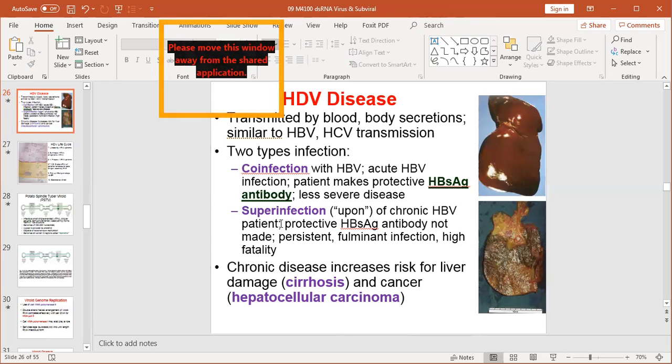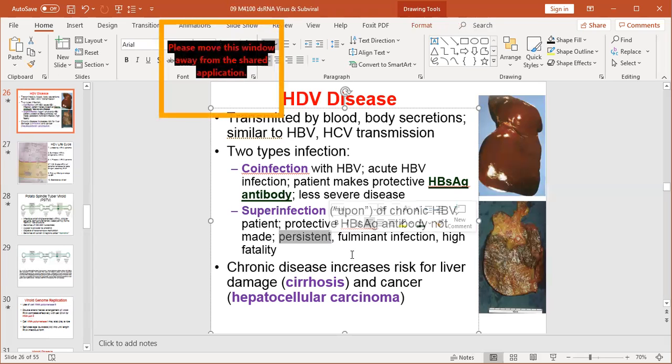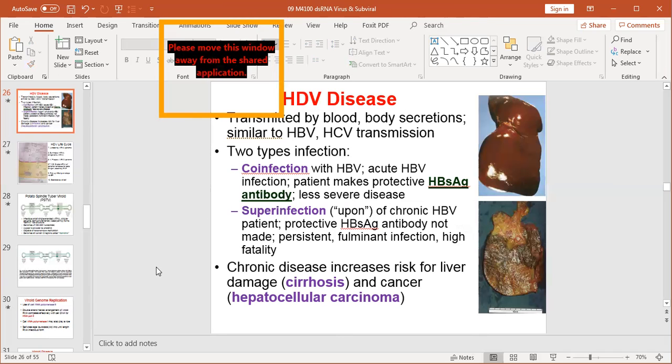What will happen is the patient has HBV, and HDV will come in and be added on top of it. Unfortunately, protective antibodies cannot be made. The disease is a lot more severe and it's persistent. It leads to fulminant liver infection and has a high fatality rate.